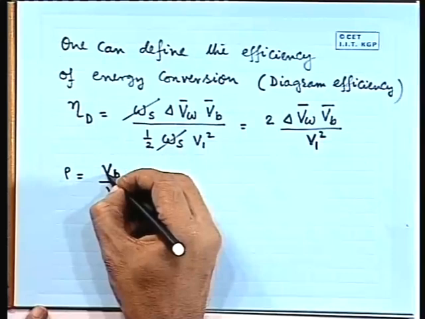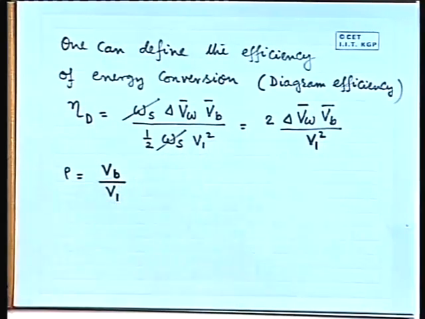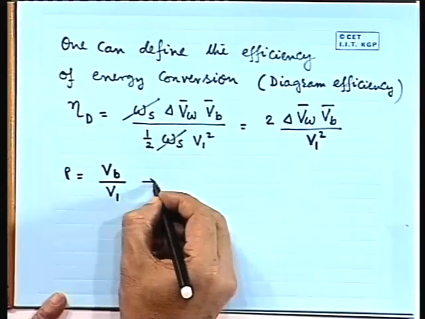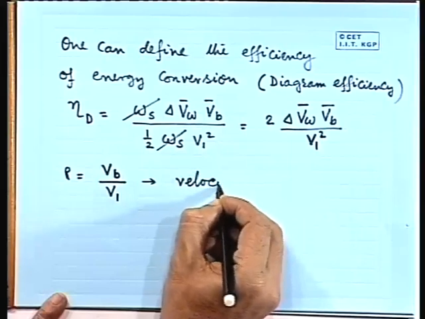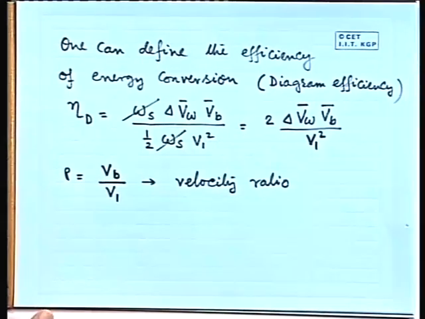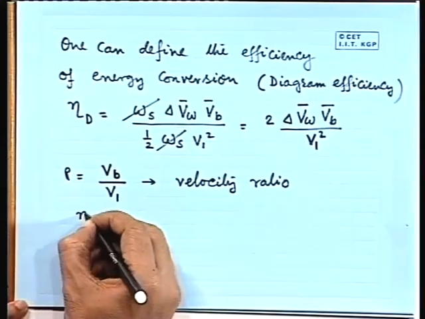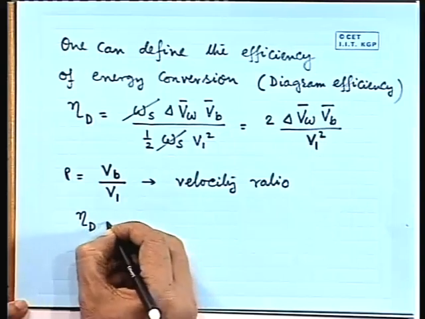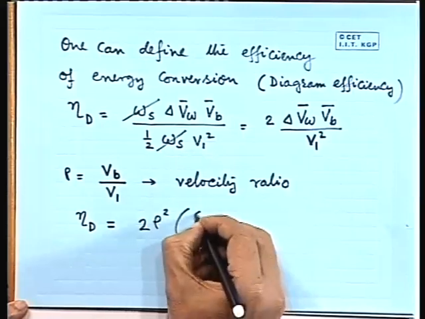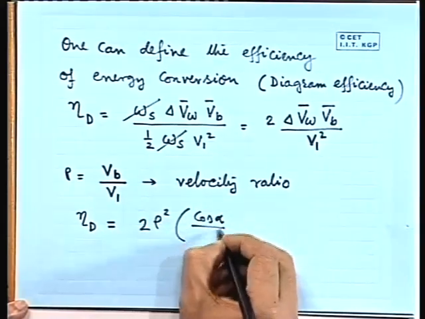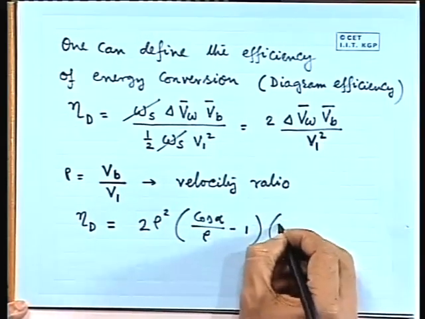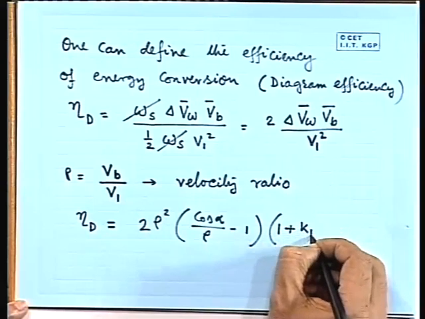Then let us see how Vb depends on V1. If I define this as rho and we call it velocity ratio, then one can show eta d is equal to twice rho square, cos of alpha by rho minus 1, plus Kb.